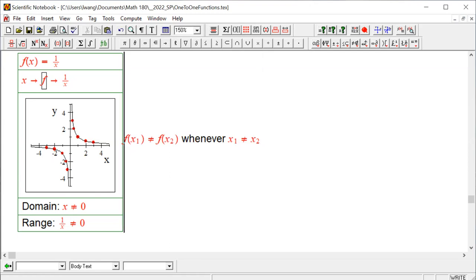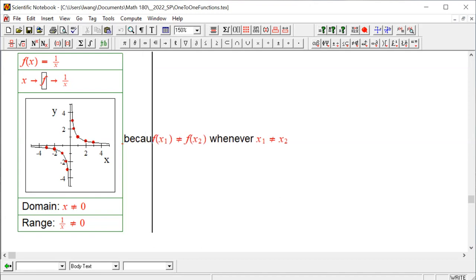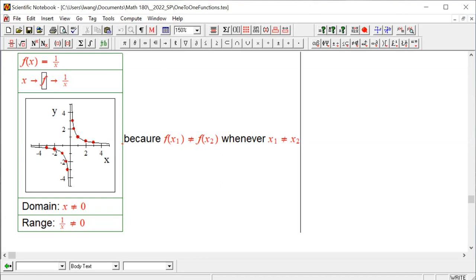You can say, because when x1 is not equal to x2, and you make sure that x1 and x2 are from the domain, so x1 cannot be 0 and x2 cannot be 0.